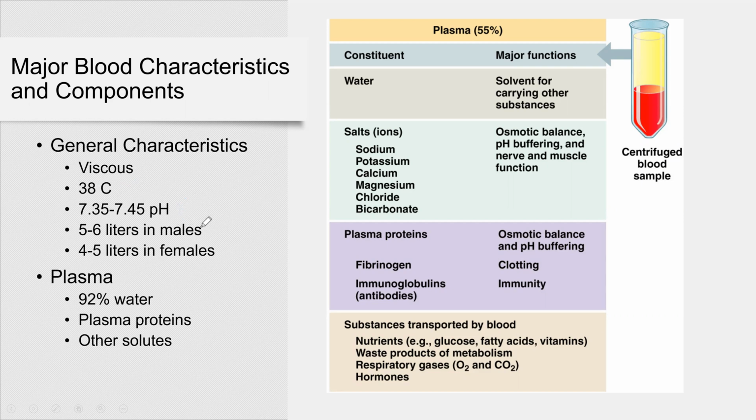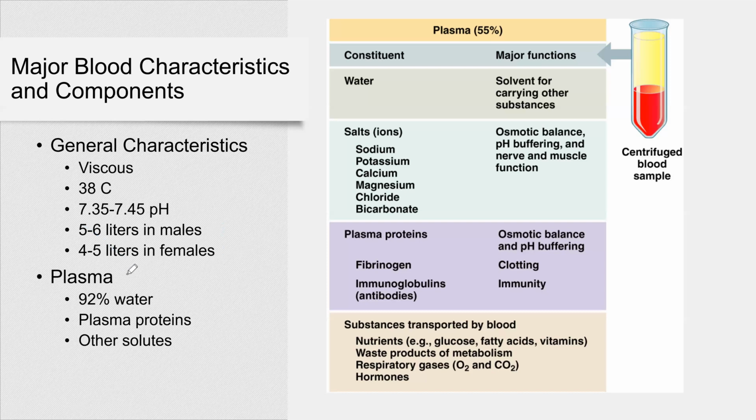Again, it says here a little bit more in males and less in females, but it really depends on how big of a person you are. Some females may have more blood than males, so I wouldn't really look at these numbers. I would just remember that it's about 5 liters of blood.